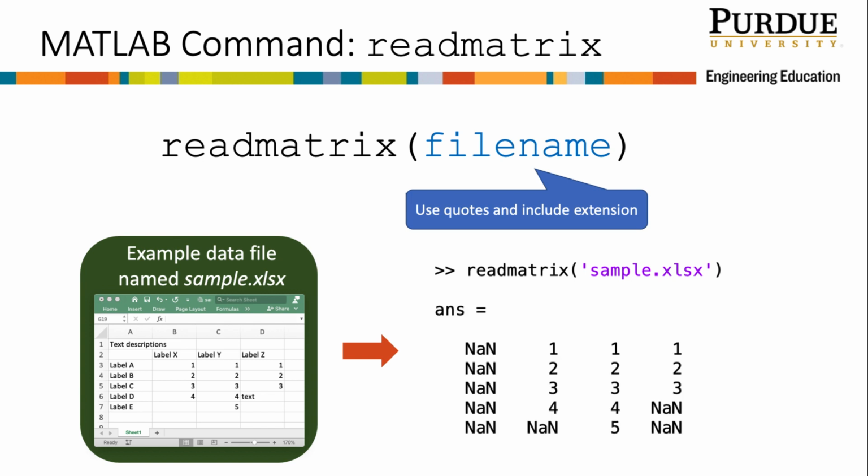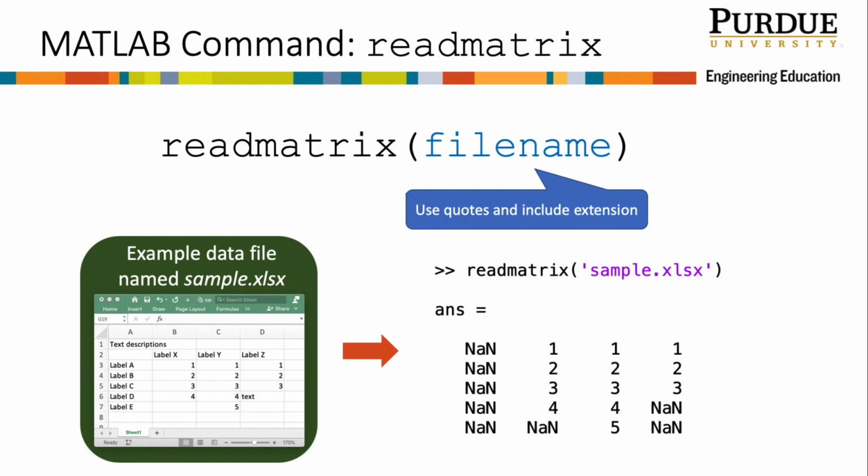The command readmatrix detects the first row in which the numerical data exist and then makes an M by N matrix with the cells below, stopping when the entire columns or rows are blank. Notice that it ignores rows 1 and 2, which contain only text, and begins at the first row that has numerical data, in this case, row 3.